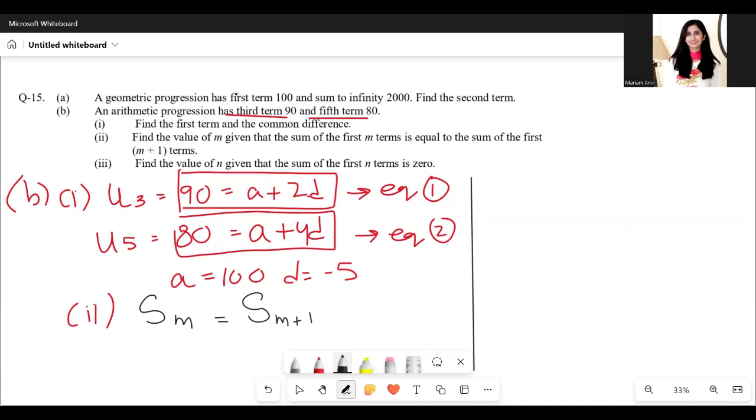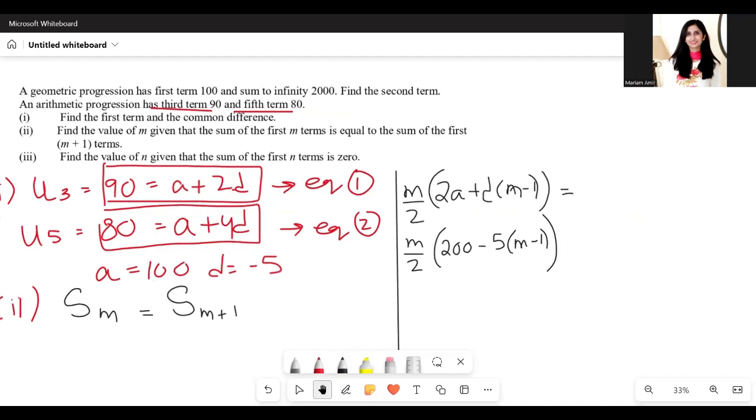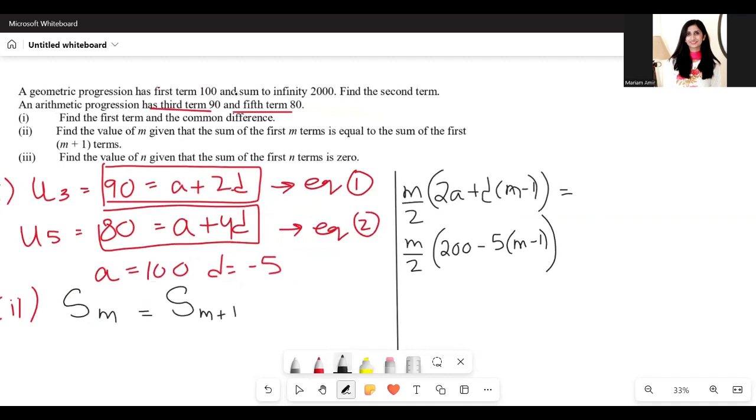The formula for Sm would be m over 2 times 2a plus d times m minus 1. And we know what a and d are. So it's m over 2 times 2a, which would be 200, plus d, which is minus 5, times m minus 1. And this is equal to S(m plus 1). So now you replace n with m plus 1.